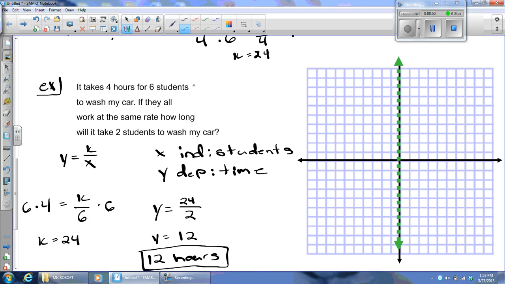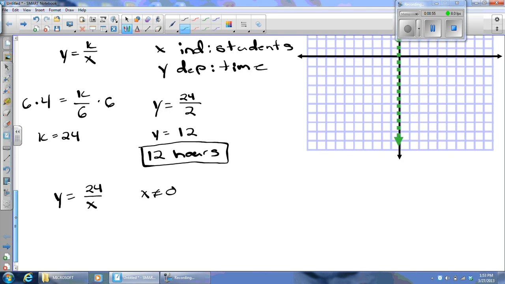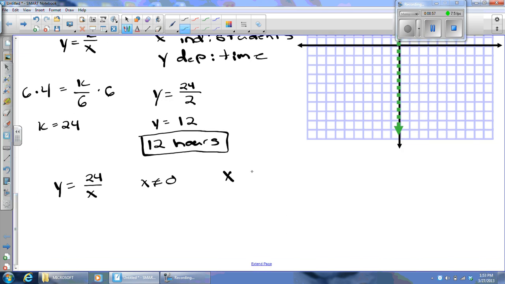Okay, so we're going to graph it. We're going to make a t-table, x, y. Before, we were plugging in numbers less than the asymptote and greater than the asymptote. But in this case, since we're graphing and we're talking about real life situations, we only need the positives.